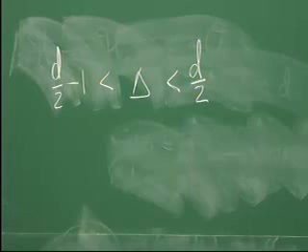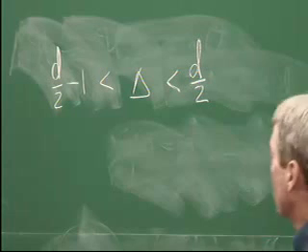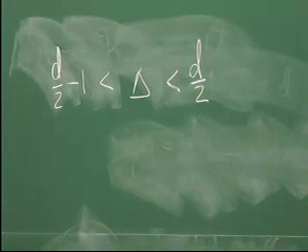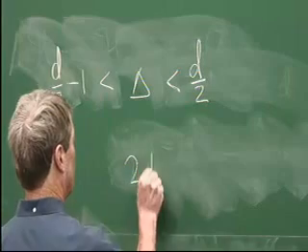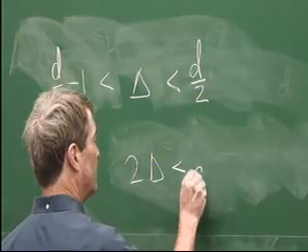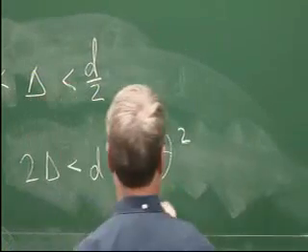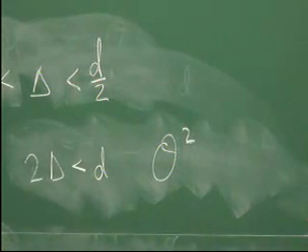And this is the regime where, as we said, you have to take the alternate boundary condition, the less obvious one, on the scalar field at z equals 0. But this is also special for another reason. It's special because 2 delta is less than d, and so the double trace operator, squaring the original operator, is relevant.